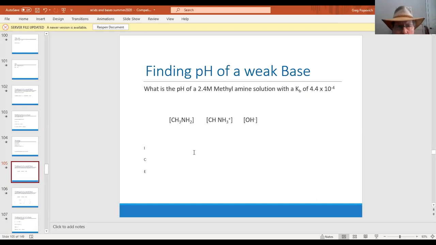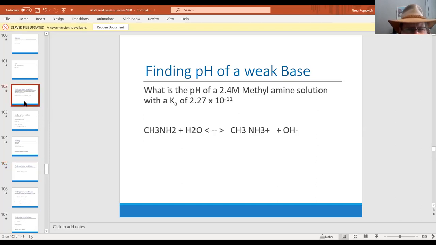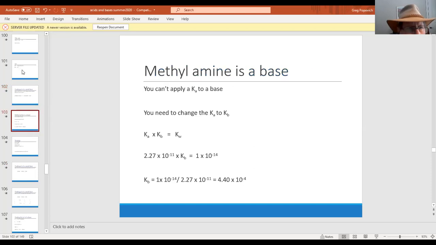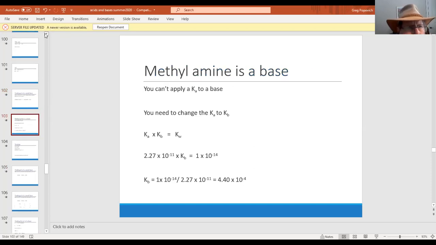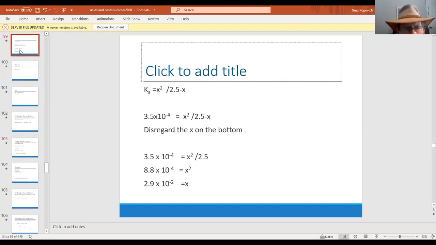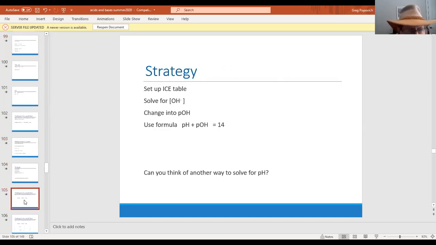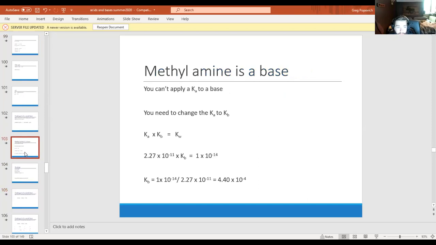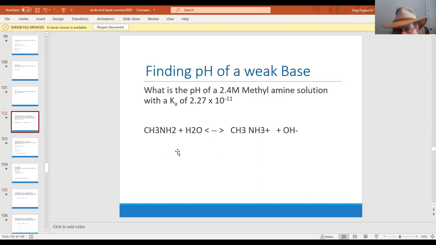Okay. What are my concentrations? Let me get back to that. I'm trying to find where the original equation is. All right, that's the original equation.